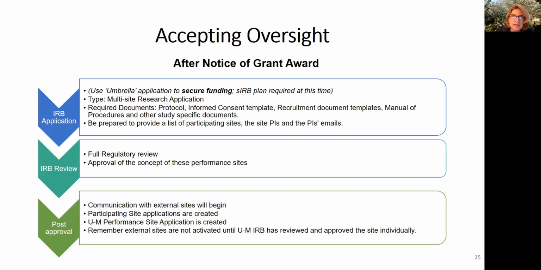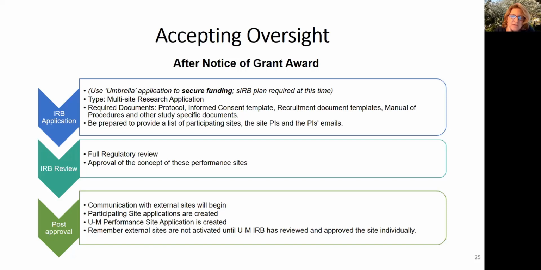At this point, if U of M is also a performance site, we will, and I know this is cumbersome and awkward, and I'm sorry, but for the moment it's the best we can do, we're going to have you create a performance site application, which is where you tell us exactly what you would normally tell us when you're being a performance site, just if you were just a single standalone site at the University of Michigan.